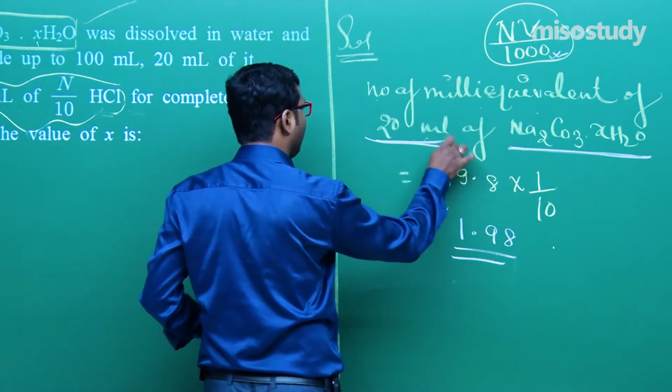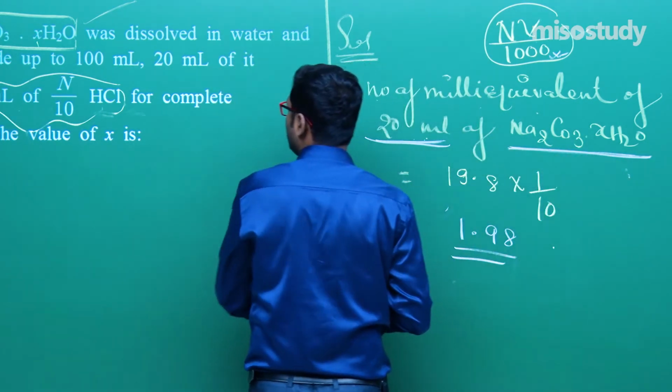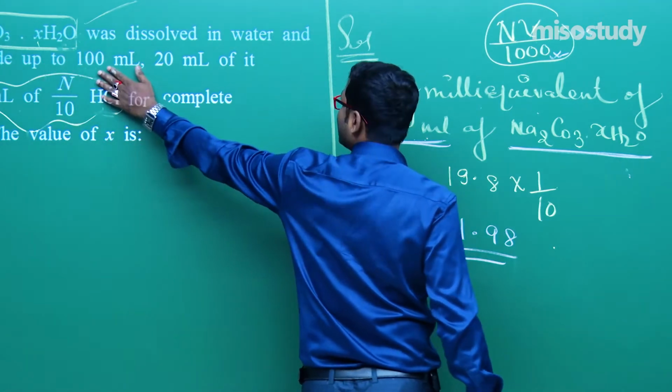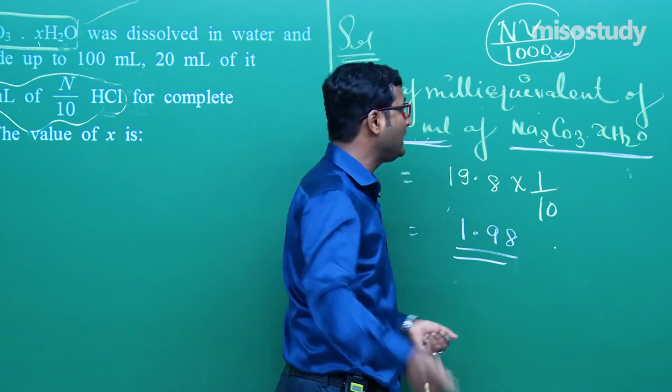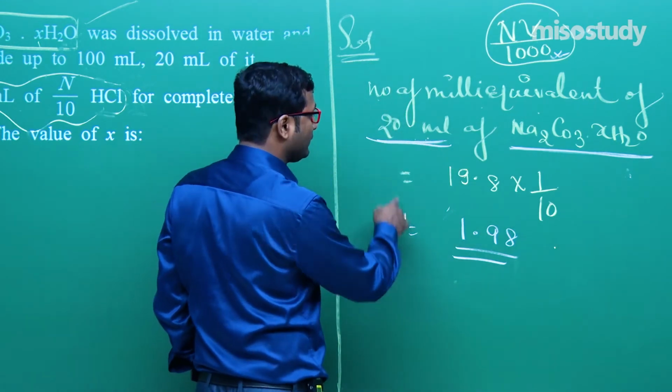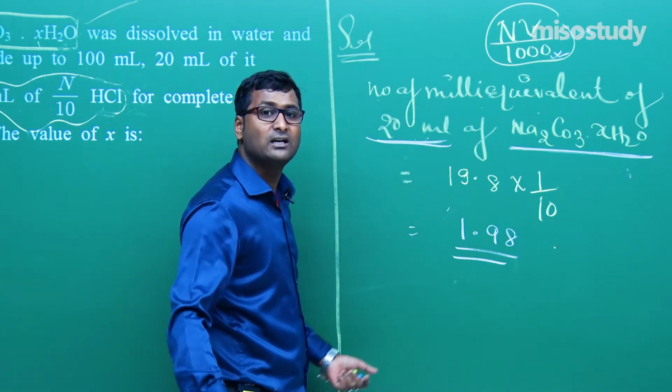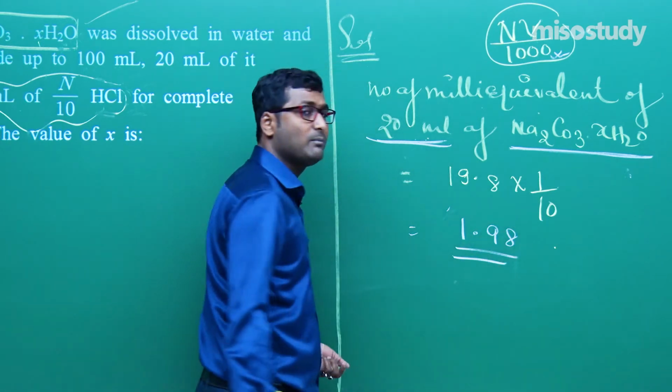Listen to the question carefully. It is 20 ml of Na2CO3, but here the question gives 100 ml of Na2CO3. So the number of milli equivalent of 100 ml of Na2CO3: for 20 ml it is 1.98, for 100 ml it is 1.98 multiplied by 5.